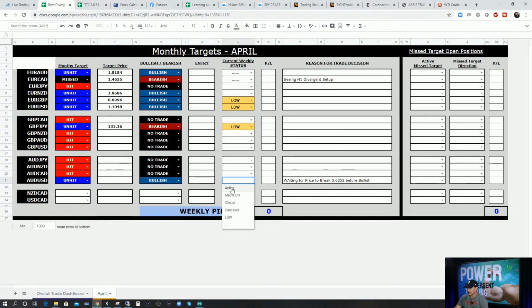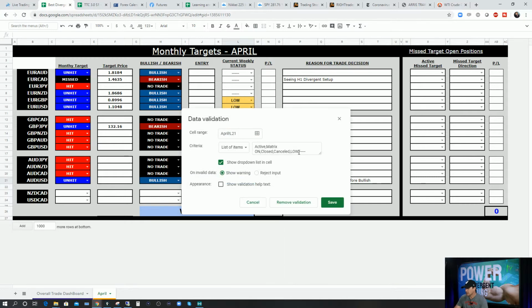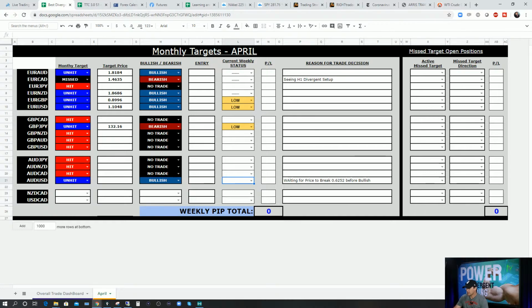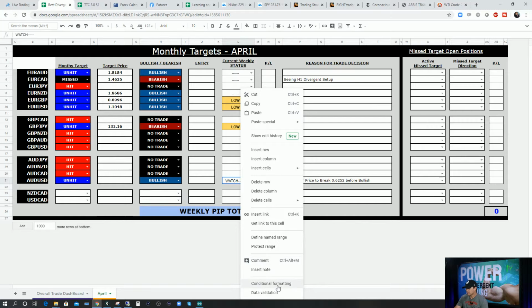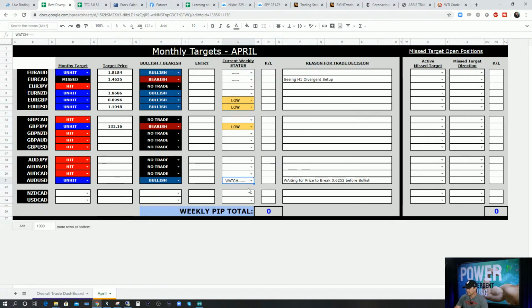So let's just go ahead and change this. I'm going to add another function here and say, let's put it in caps, watch. And I'm going to change that. All right, there we go.